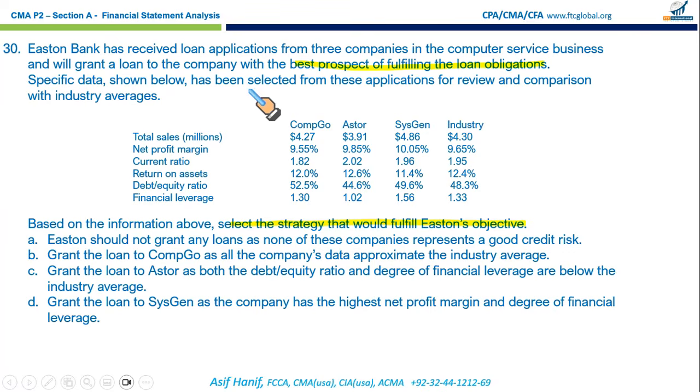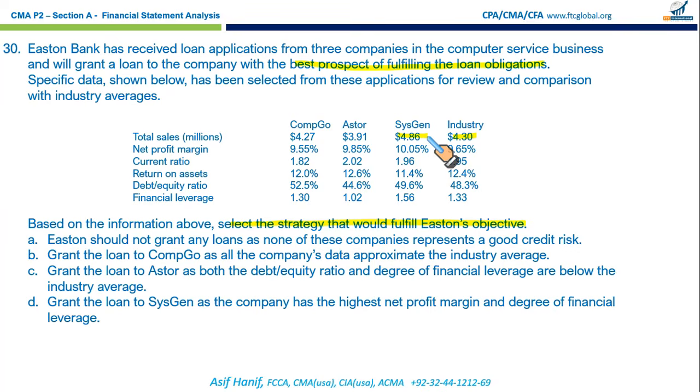Specific data shown below has been selected from these applications for review and comparison with the industry average. The industry average tells us sales is 4.3 million on average for the companies in this industry. If this is the benchmark, the company that is exceeding it is Sysgen.